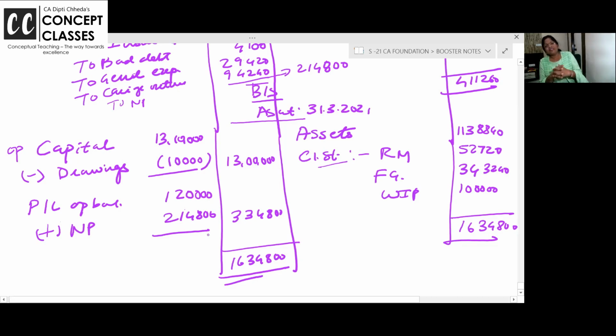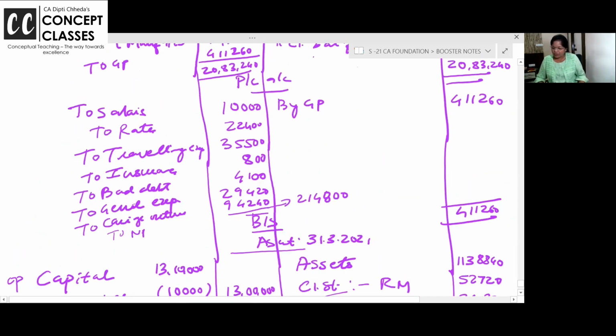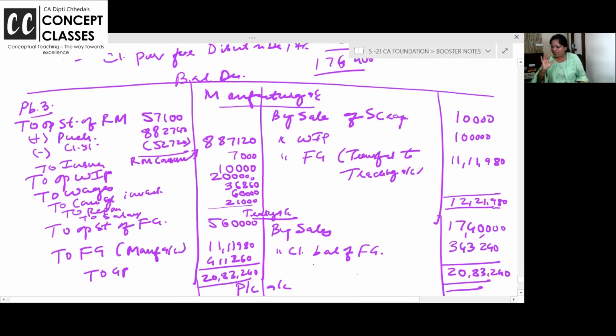Just for practice, I have taken it this way; generally they are trading P&L or P&L balance sheet separate and this separate, manufacturing account separate. Yes. Please check the whole problem. I am scrolling up for all of you.